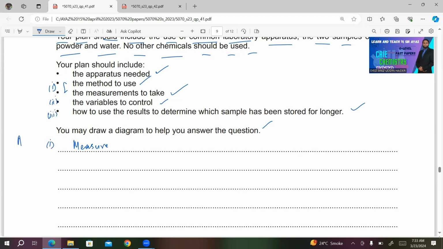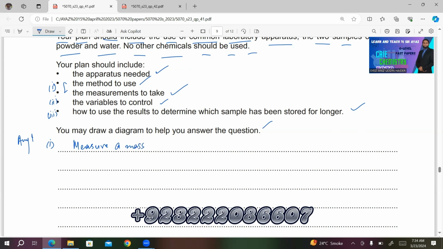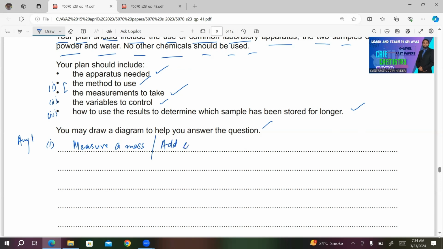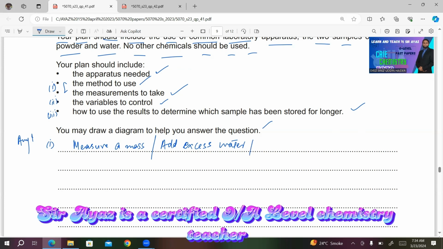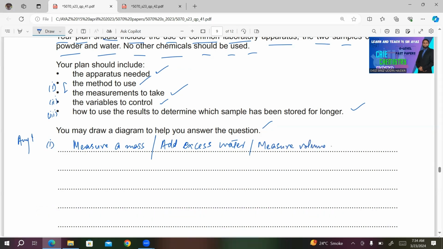For 1, anyone: measure a mass or amount, adding water, excess water, measuring the volume of gas produced, or measure the time taken to turn lime water milky.